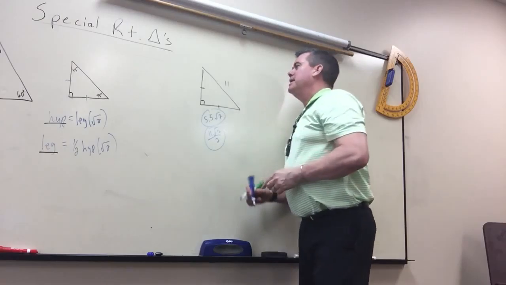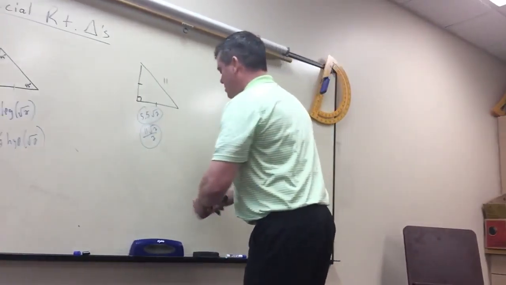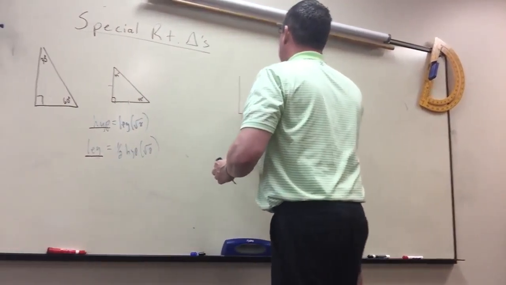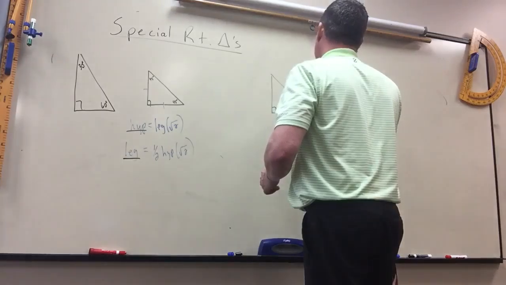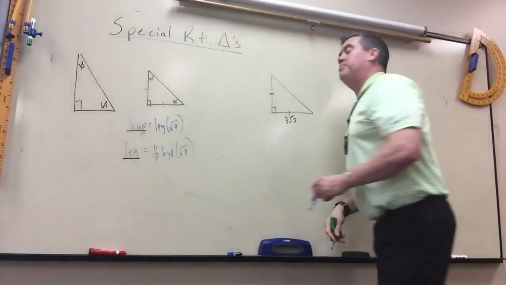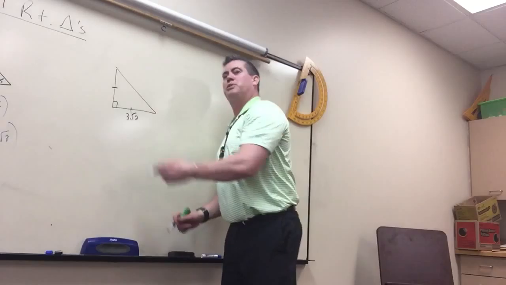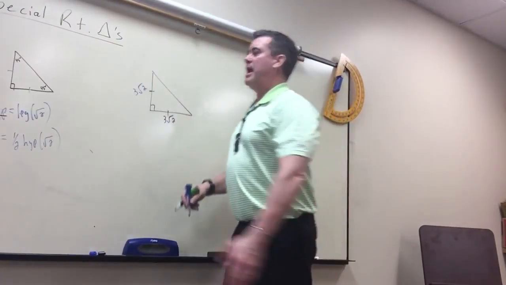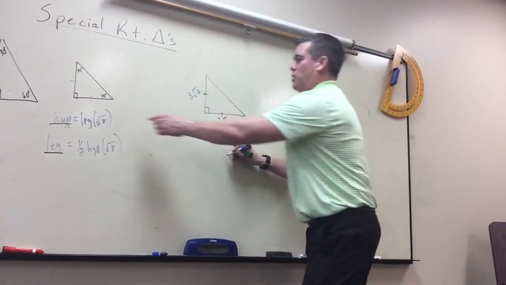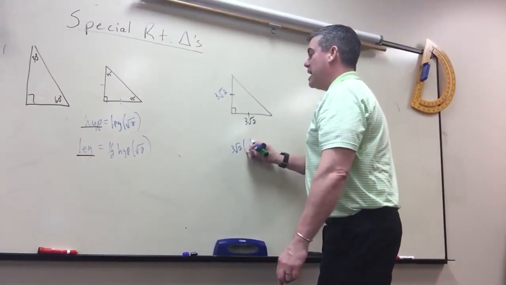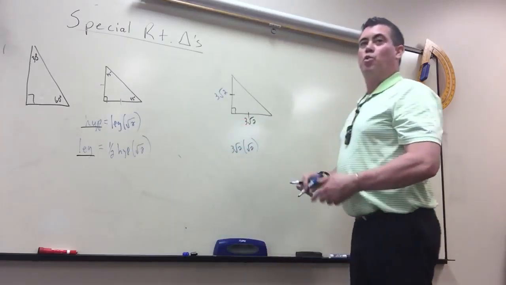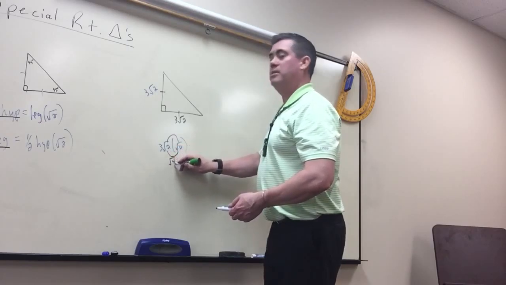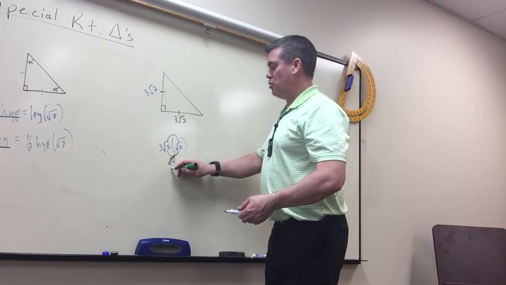So either way is correct, they're both the same answer. Okay? Now, another type of problem is this. Here, if the leg is 3 square roots of 2, then the hypotenuse is just whatever the leg is, times the square root of 2, and the square root of 2 times the square root of 2 is the square root of 4, which is 2.